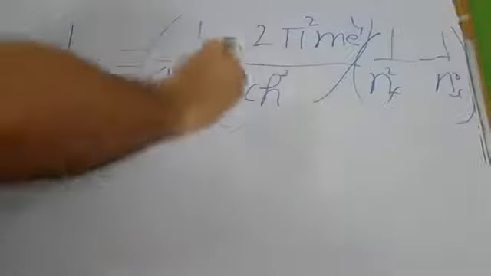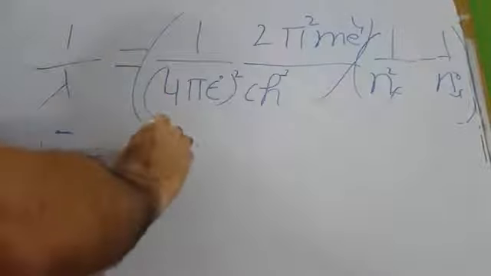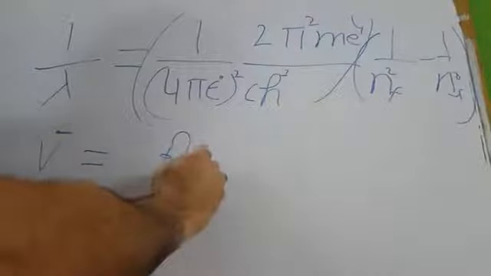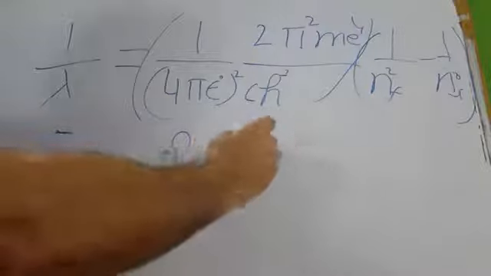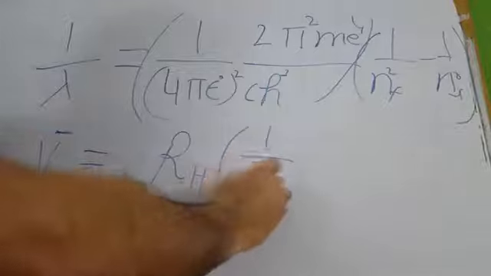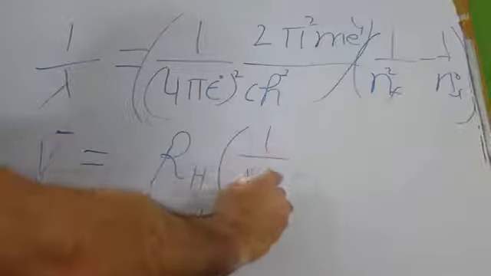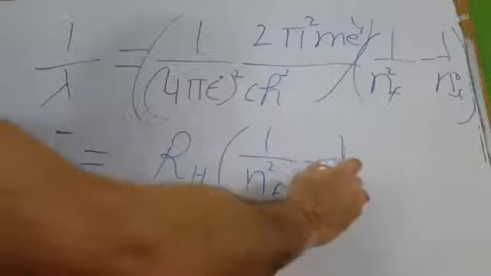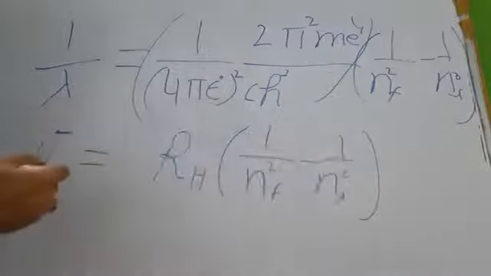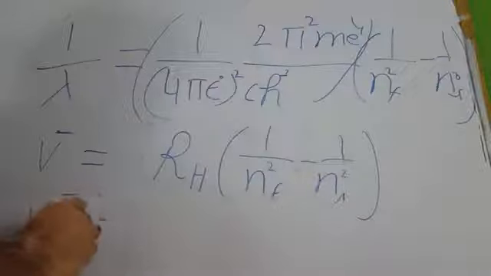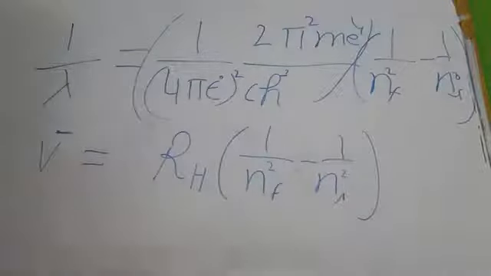Therefore this can be represented as RH times 1 upon n final square minus 1 upon n initial square.